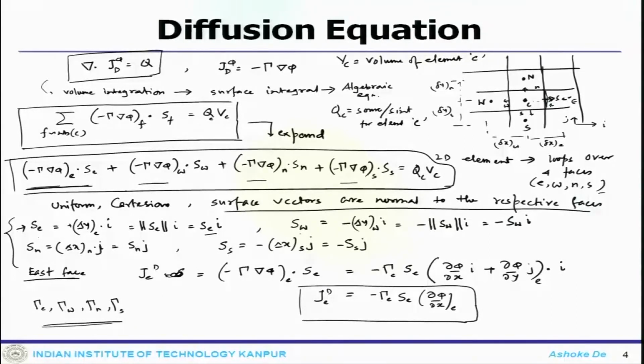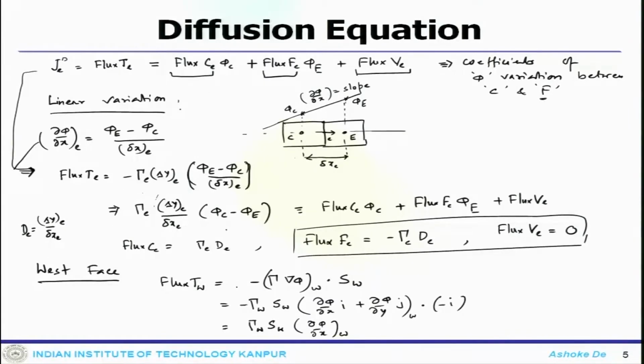That is how you get all these surface vectors, or the vector notation of these things. Once you obtain that, for each face, east, west, north, south, we have this discretized system.